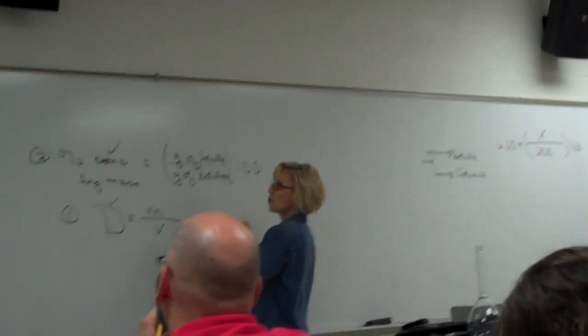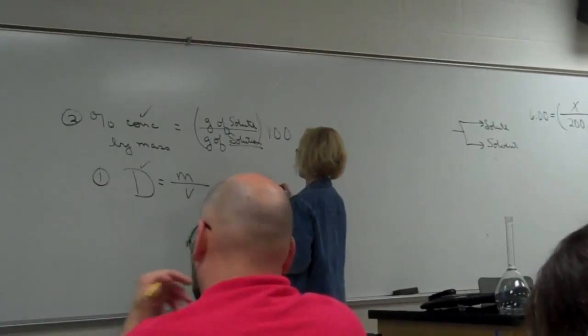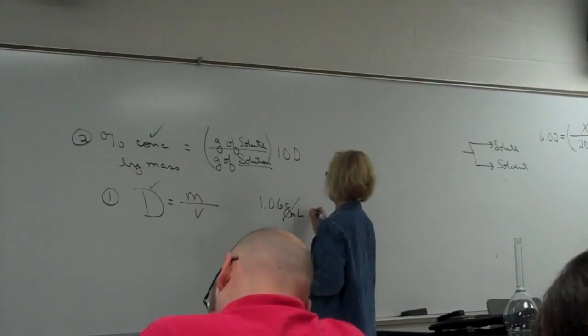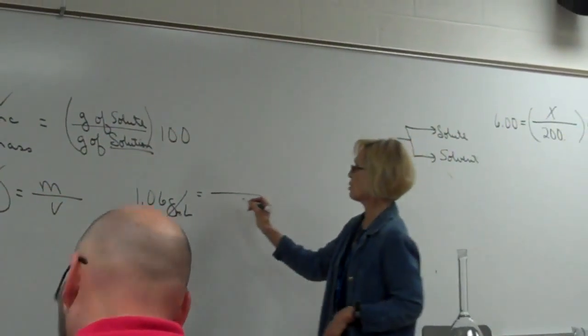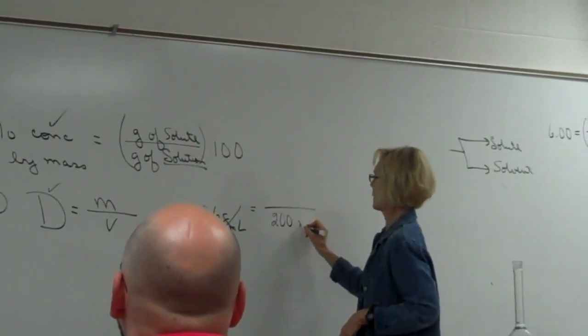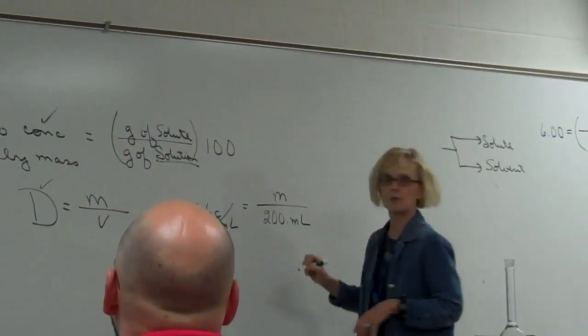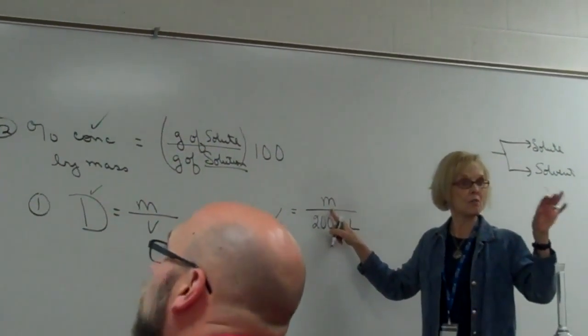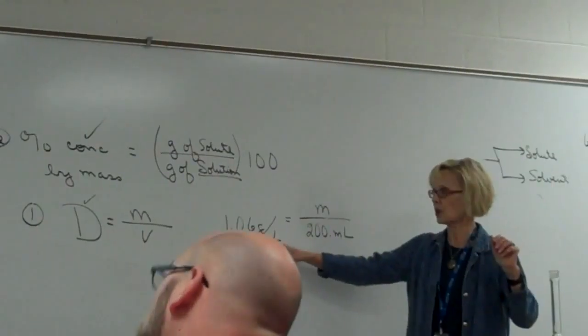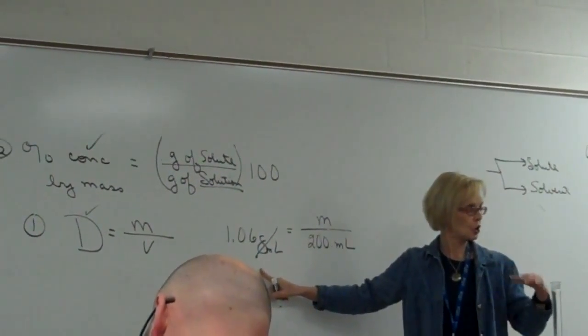So let's try this first. We know this, 1.06 grams per mil. And we have 200 mils of solution. So we can solve for mass. And of course when we solve for mass, that's going to be of solution, because the density was of solution.